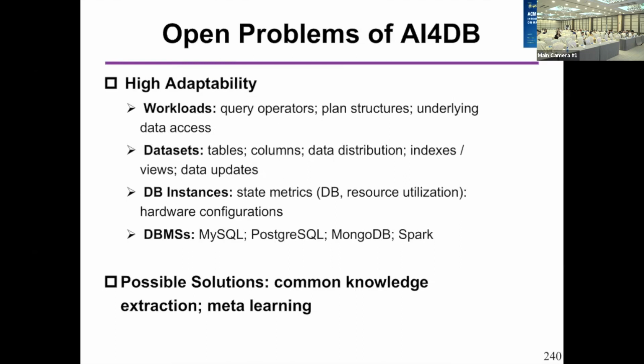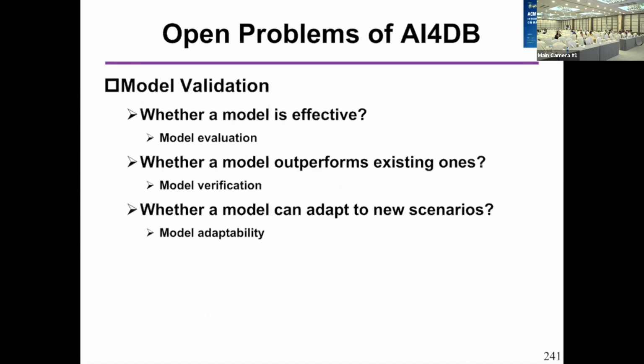I think this is very important. You know that a traditional database can support lots of scenarios, and usually they can guarantee we get good results for each scenario. But for machine learning, how can we guarantee that we can get good performance for each scenario? I think this is very important.